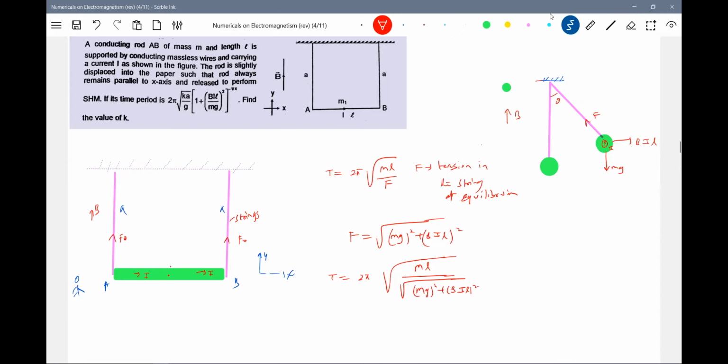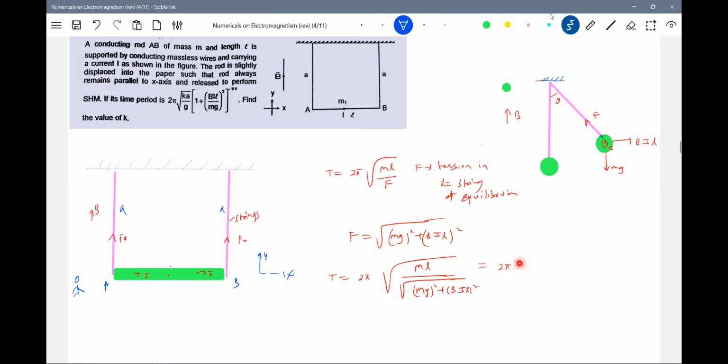I think we can adjust this formula. But A is there, no? How to bring I, L, mg, everything, so that this will be... Let me simplify further.